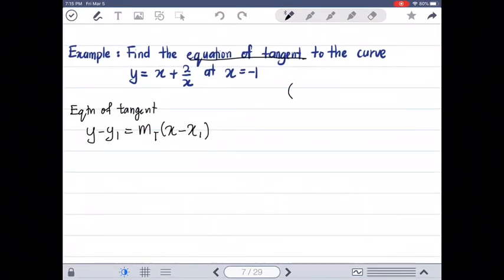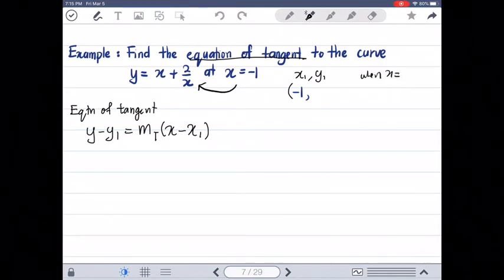We already have our x1, which is given as negative 1. Now we need to find our y1. How do you find your y1? You just insert the value of x into this equation, because that point lies on the curve as well. It doesn't really matter what the curve looks like, you can always find the corresponding value of y given any x.